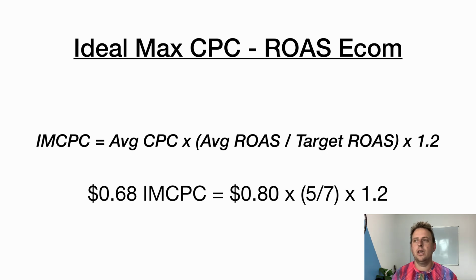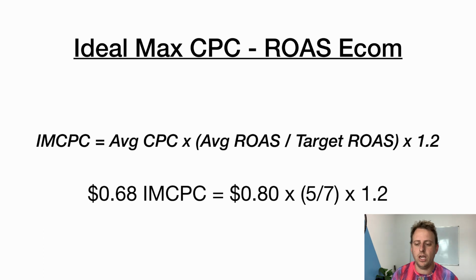So let's say you're running ads, but you're not hitting the ROAS that you need at your current conversion rate. Well, you can look at your average CPC of your current ads and multiply that by your current average ROAS divided by your target ROAS, and then once again multiply it by the 1.2 to take into account that 20% difference, and it will tell you where your CPC needs to be to hit your target ROAS.